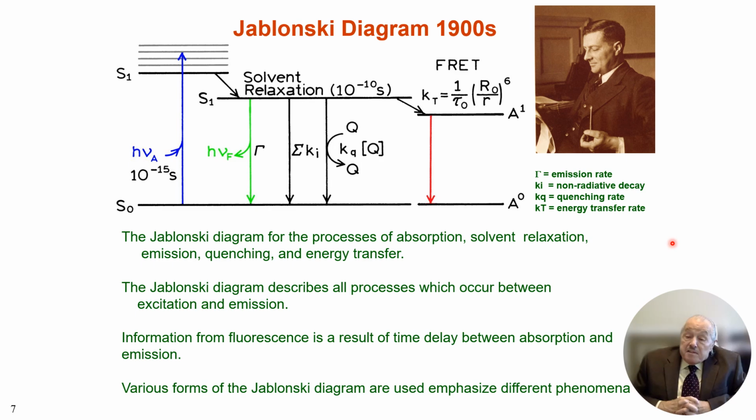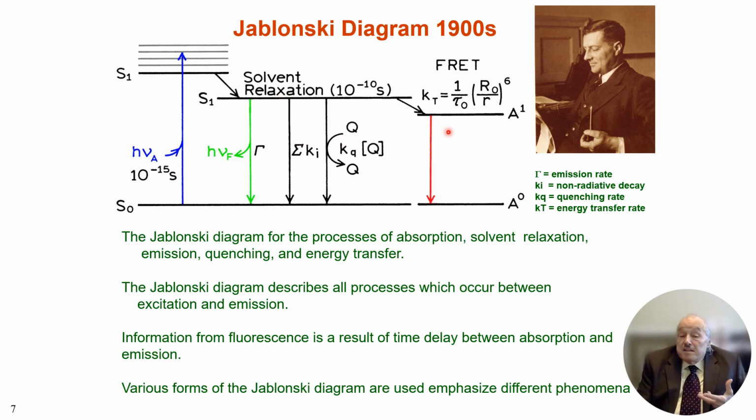And the Jablonski diagram contains information on everything that happens to a fluorophore when it goes into the excited state. Basically, when a fluorophore absorbs light, it goes to a first singlet or later excited state. There's always some type of relaxation down to the bottom of S1 or something to do with the solvent polarity.